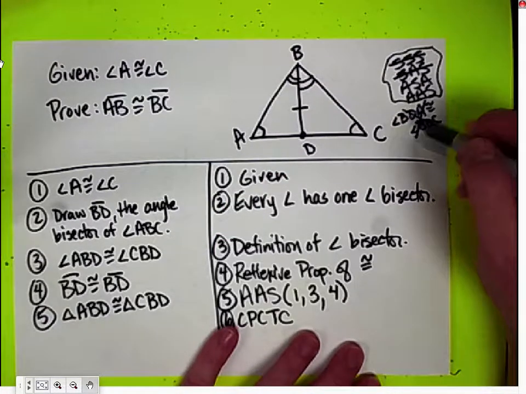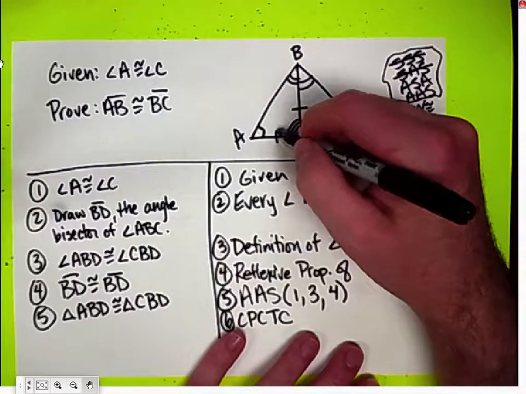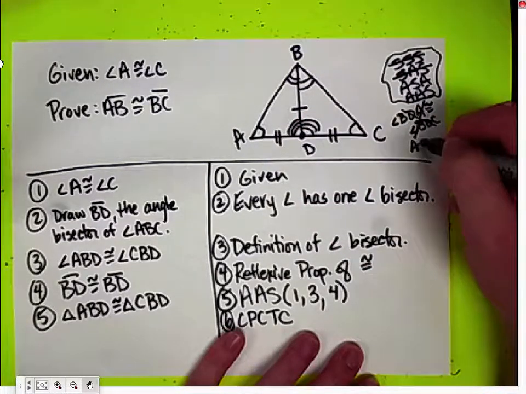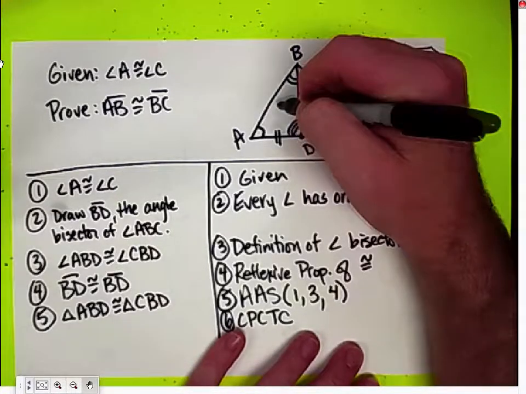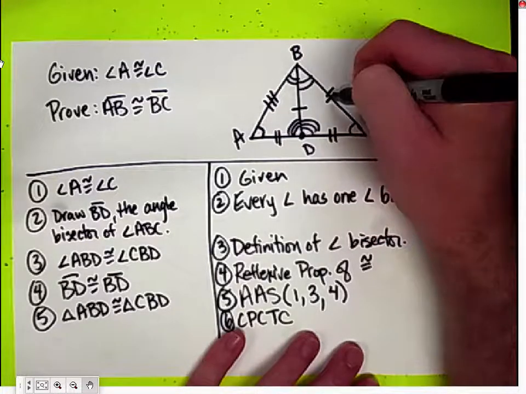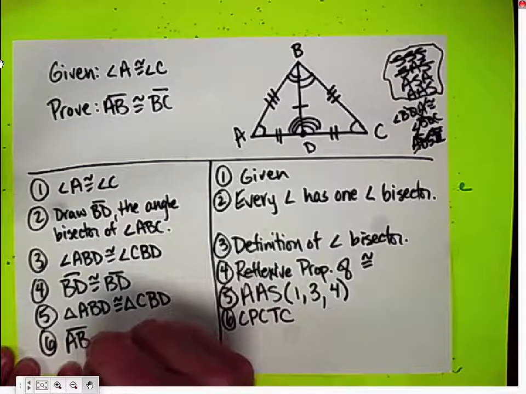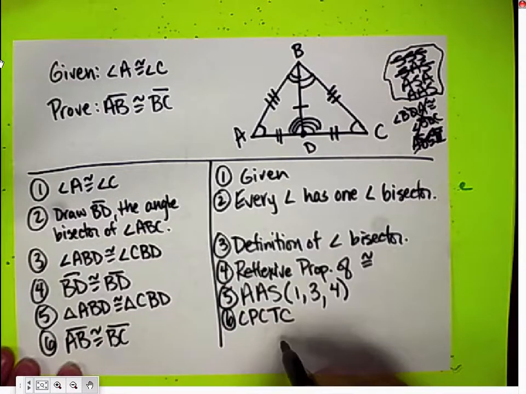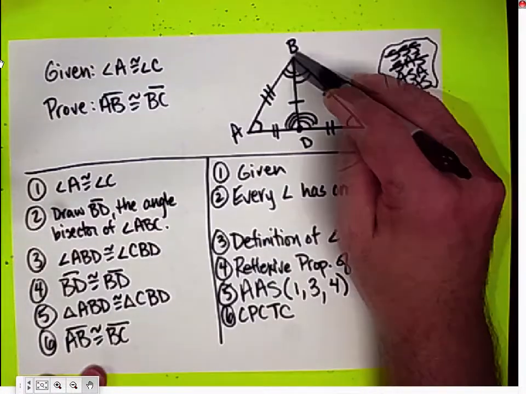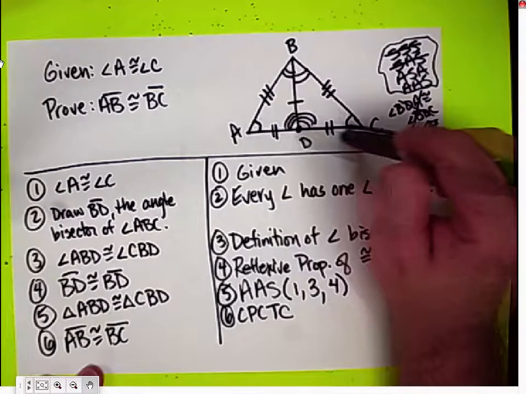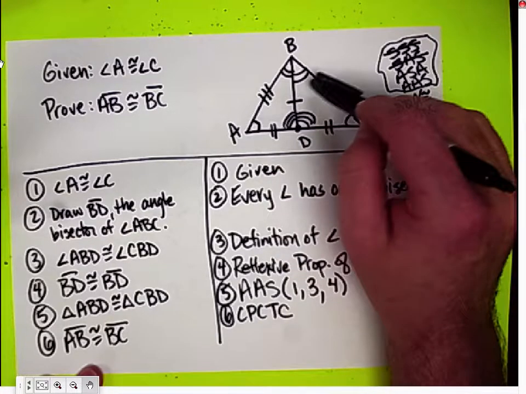No. We could say that AD is congruent to DC. That's not what we need either. We could say the third sides are congruent. That's what we needed. So we can say that AB is congruent to BC by CPCTC. And so we have now proven that in an isosceles triangle, or in any triangle, if two angles are congruent, then the sides opposite those two angles are congruent.